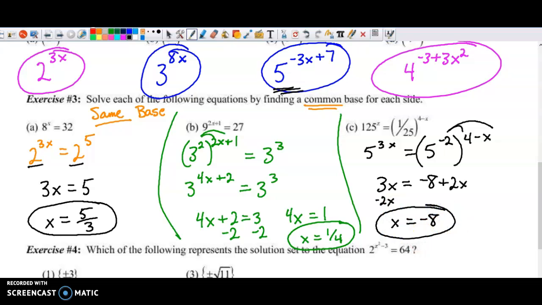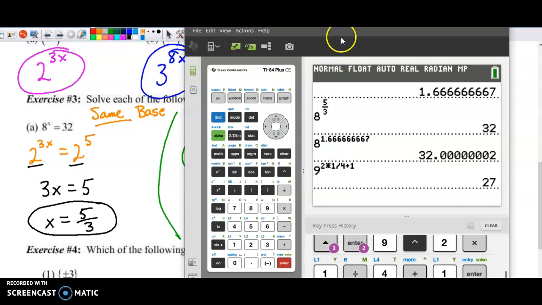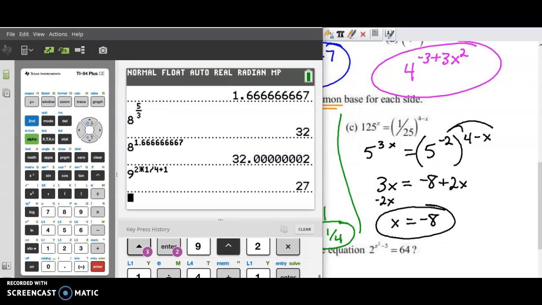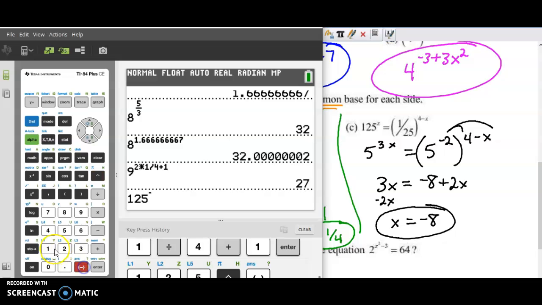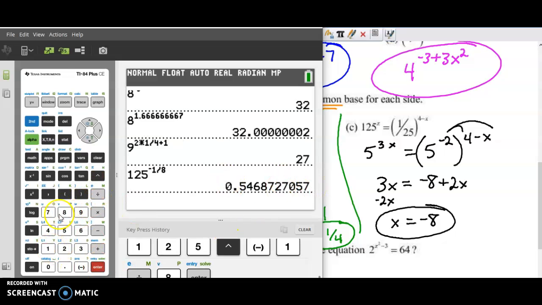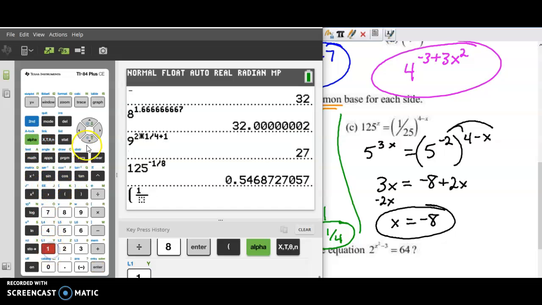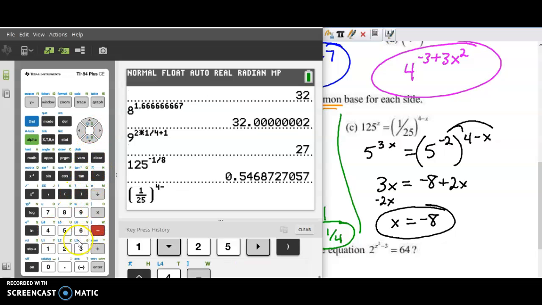Now this one's a little bit trickier to check your work because if you go to a calculator and type in 125 to the -1/8 power, it's kind of an ugly decimal. But if you then make 1/25 to the 4 minus, whoops, I put in the wrong answer, didn't I?